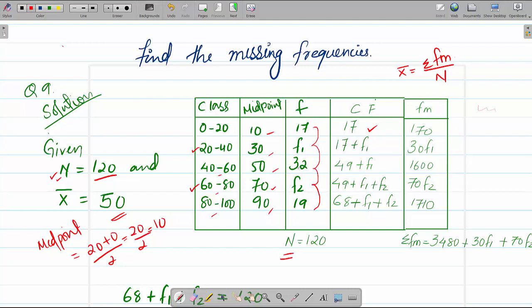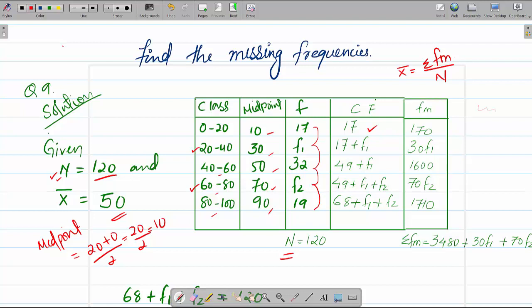The next one is 32. So you can add 17 and 32, you will get 49. 49 plus F1. You cannot add up F1 because there is no number here. Next is F2. So F1 is separate, F2 is separate. So you write again 49 plus F1 plus F2. The last one is 19.